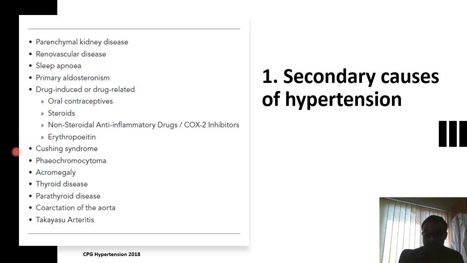We have Cushing syndrome. This may be a syndrome with high cortisol levels, or maybe due to long-standing corticosteroid administration, for example. We have the tumor of the adrenal gland, the pheochromocytoma. We have thyroid disease, and we have some congenital abnormalities in the aorta also as causes.